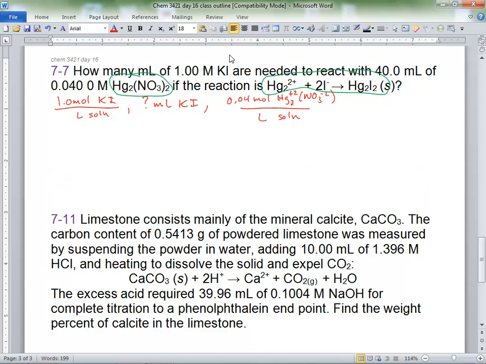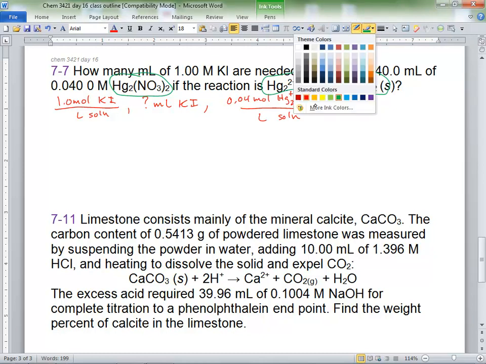If you want to do the dilution equation, it won't work for this one, because you have to use the mole bridge. The ratio isn't 1-to-1, so it's dangerous to use this M1V1 thing. That's really only for dilutions. You can't factor that into the M1V1? You could, yeah.